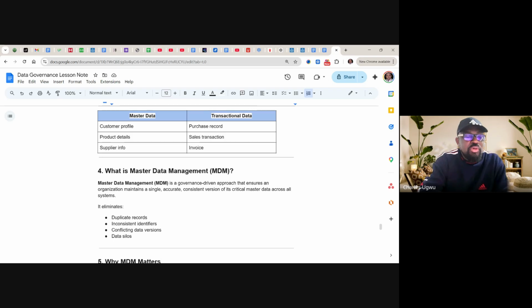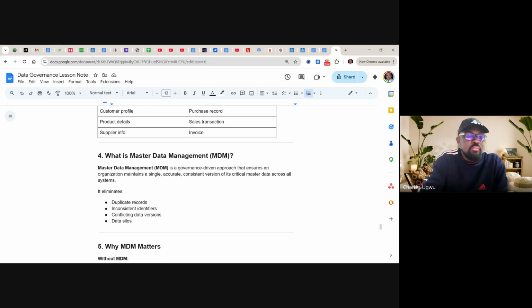And that is what brings us to master data management. Master data management is a governance-driven approach that ensures an organization maintains a single, accurate, consistent version of its critical master data across all systems.